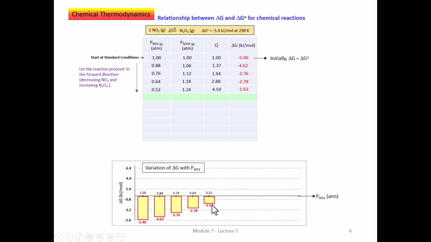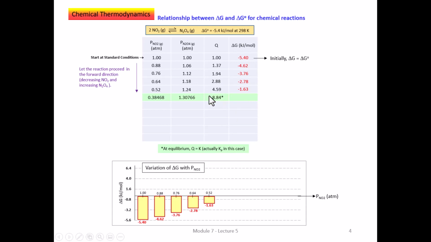Well, where does it reach equilibrium? Well, I had to use an Excel spreadsheet to estimate these values, and I wanted this to be as exact as possible, so I'm using some extra digits here. But when the pressure of NO2 reaches about 0.38 to 0.39 atmospheres, Q is 8.84, and remember at equilibrium, Q is equal to K, actually Kp in this case.